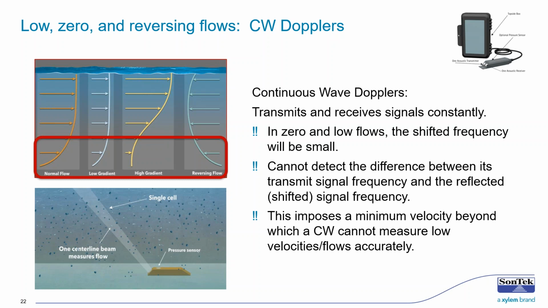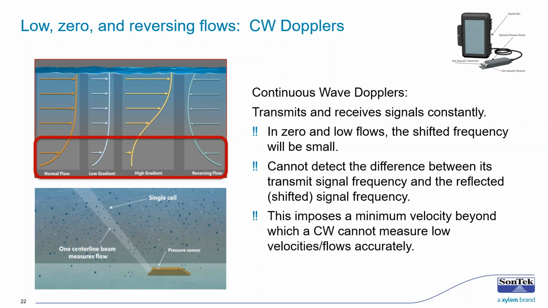So when the flow is low, that reflected frequency shift is going to be very small, and it might be zero. So remember, the continuous wave system is continually transmitting and receiving, and it can't detect a signal or a frequency that's different from its transmit frequency. So if you're continually sending and receiving and you're getting a zero shift, you don't know whether that's the transmit signal or a true zero reflection.